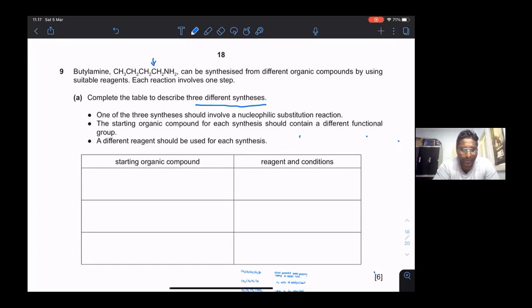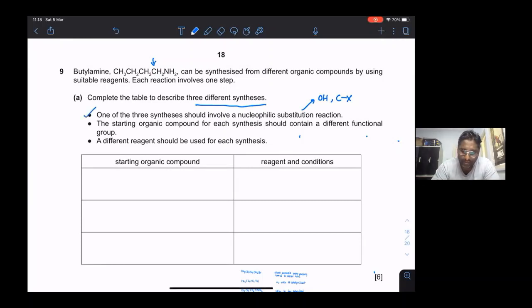Yeah. So one of the 3 syntheses should involve nucleophilic substitution. Nucleophilic substitution, it must be involving OH or anything that involves the C-X, halogenoalkane. Yeah? So then the starting compound for each of the syntheses should contain a different functional group. Different reagents should be used for each synthesis. So here, I think first maybe I'll try to complete this one.